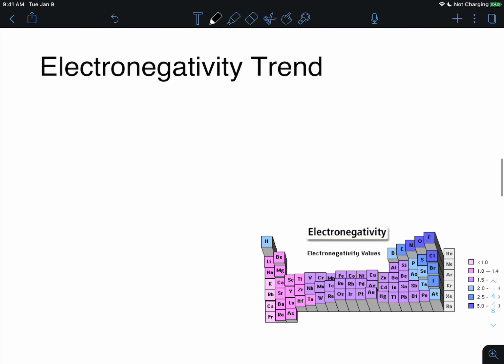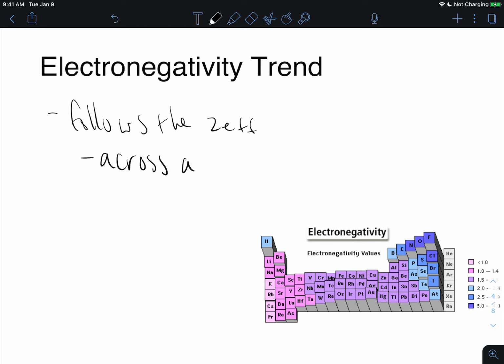Okay. The trend itself, when we're thinking about how this is going to change, is based on effective nuclear charge. So it's going to follow the effective nuclear charge. As we go across our period, we're going to increase our electronegativity. So across the period, increasing that effective nuclear charge also increases our electronegativity.